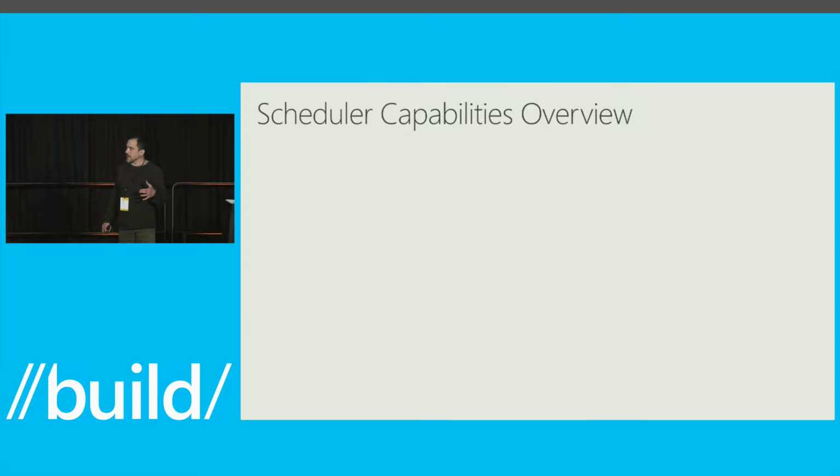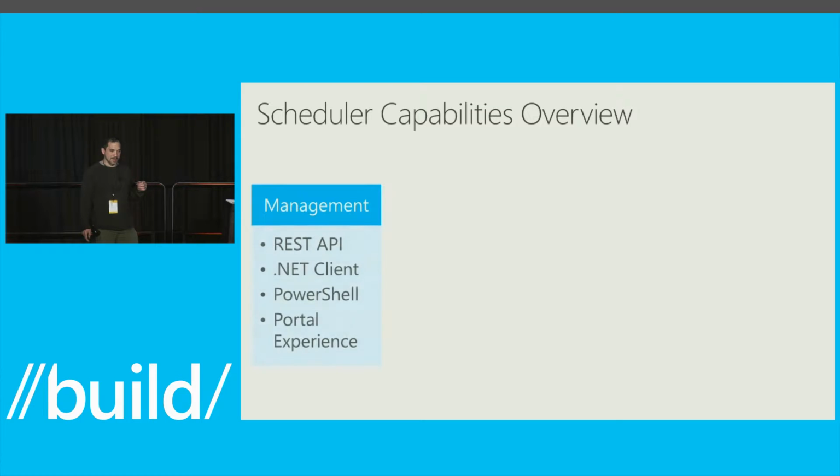So let me give you an overview of the capabilities that we have in Scheduler today. On the management end, at the core layer, we have a REST API. And as most Azure services have, their primary interface is a REST API sitting on top of the service. On top of that REST API, we've published a .NET client.